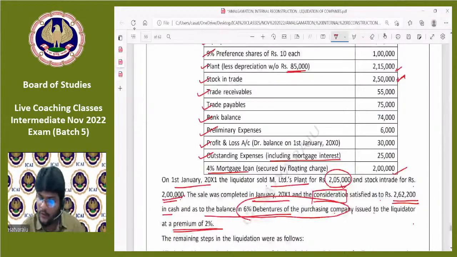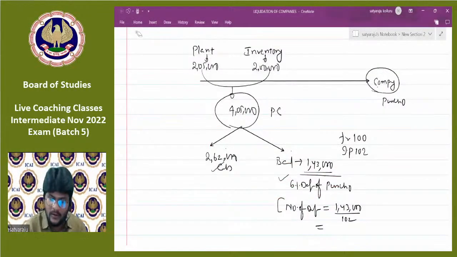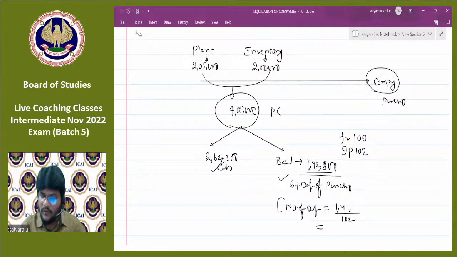It is clearly given 2,62,200. Just a moment. 2,62,200. And balance is how much? 1,42,800. Now 1,42,800 divided by 102. How much? How many debentures do they need to issue? 1,400 debentures they need to issue.